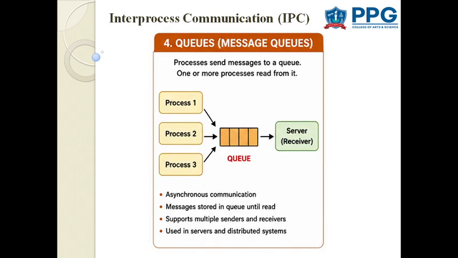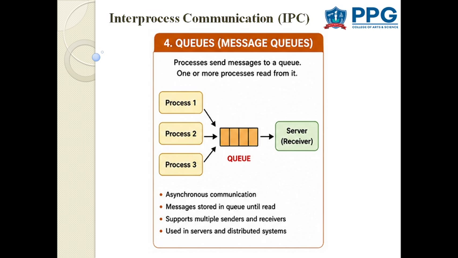The next one is message queues. A process sends a message to a queue, and one or more processes read from it. In message passing, processes communicate by sending messages to each other. The operating system manages these messages. This method is safer and easier to implement than shared memory, but slightly slower.